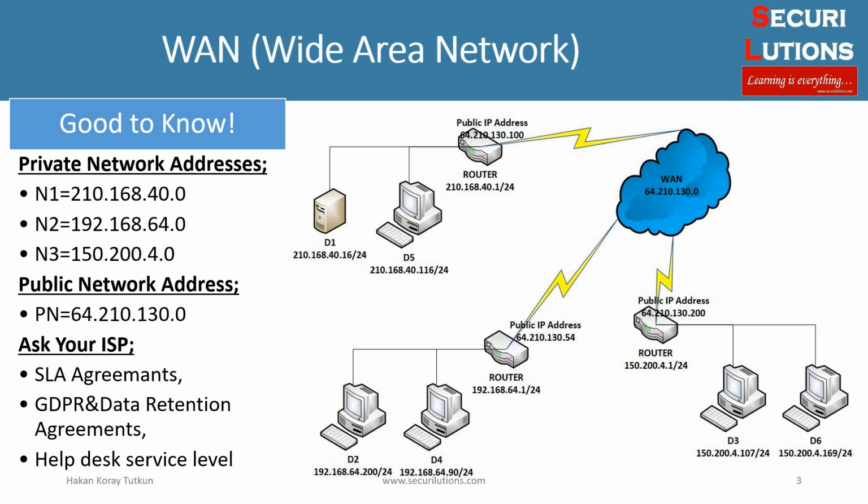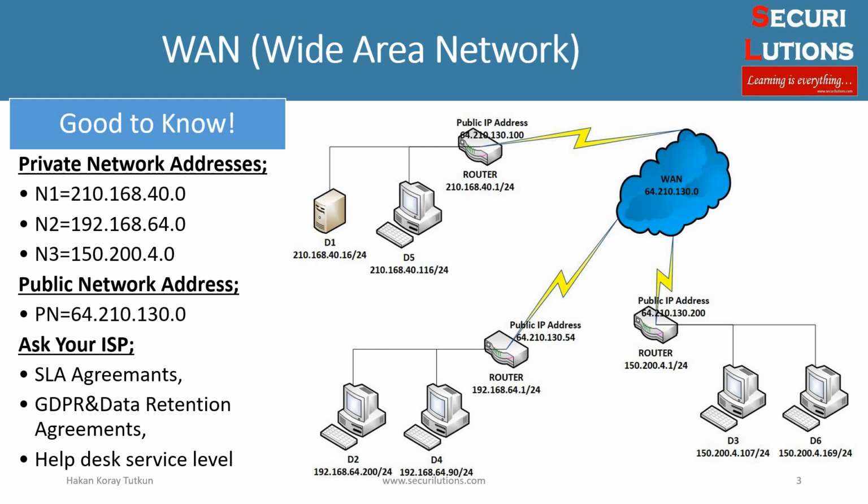For N1 local area network, network address is 210.168.40.0. Device 1 server IP address is 210.168.40.16/24. Device 5 PC IP address is 210.168.40.116. And router internal IP address is 210.168.40.1.